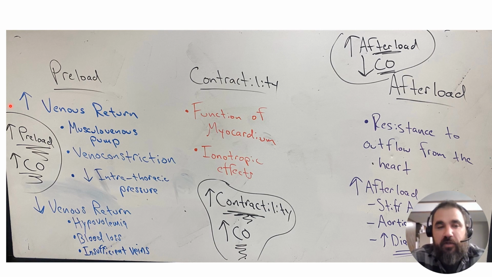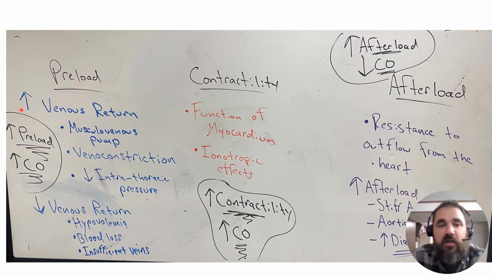So if we increase preload, we will increase cardiac output, because we're increasing our end diastolic volume. As long as the heart's working fine and the contractility is normal, we can push more blood into the heart, increase the end diastolic volume, and the end systolic volume will stay roughly the same, and that's going to increase our stroke volume.